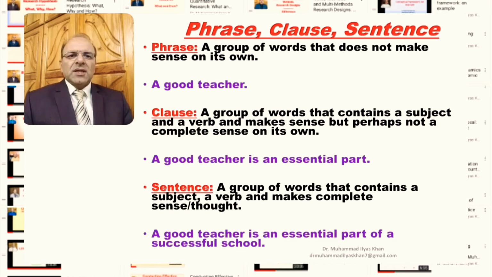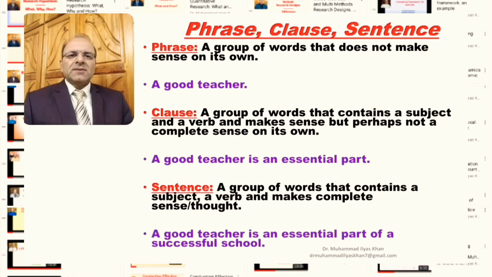We can see that this clause makes some sense, but it does not give complete sense to the listener or the reader. So this group of words that has a subject and a verb and gives some sense but not complete sense is called a clause.